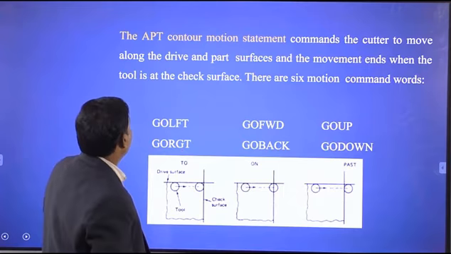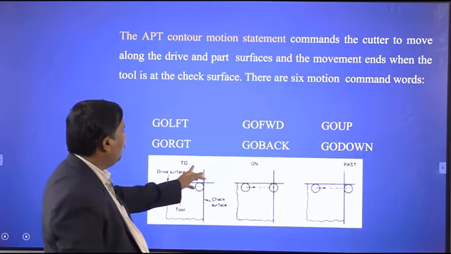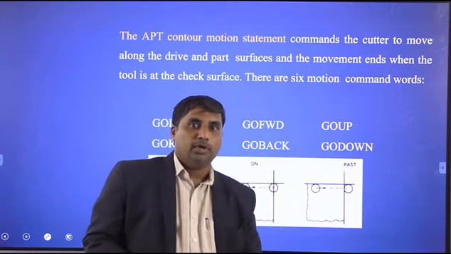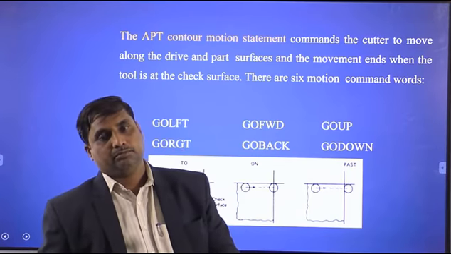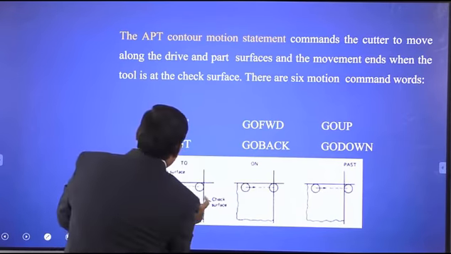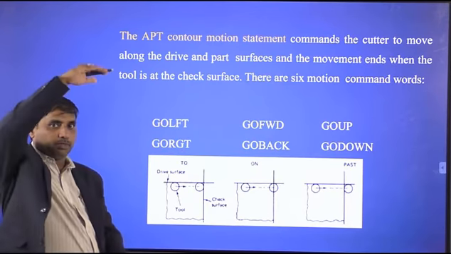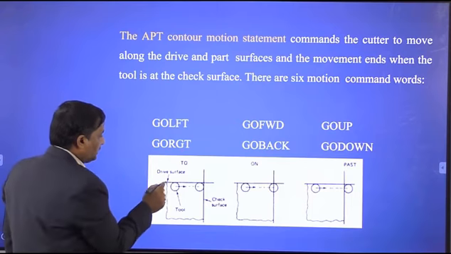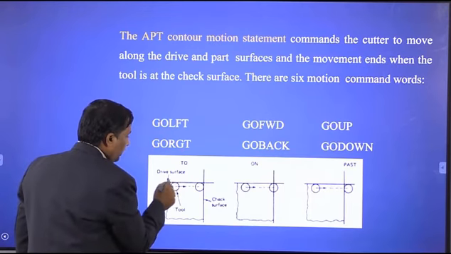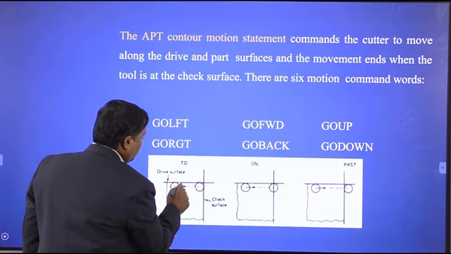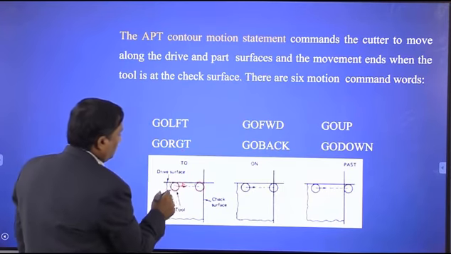Okay, next, coming to this diagram, I already told you where the cutter has to stop when it reaches the check surface. Okay, right. Drive surface: suppose you view the diagram from the top, we will have a circle representing the cutting tool. Here is a circle regarding the cutting tool. Its movement direction is represented by this arrow mark.